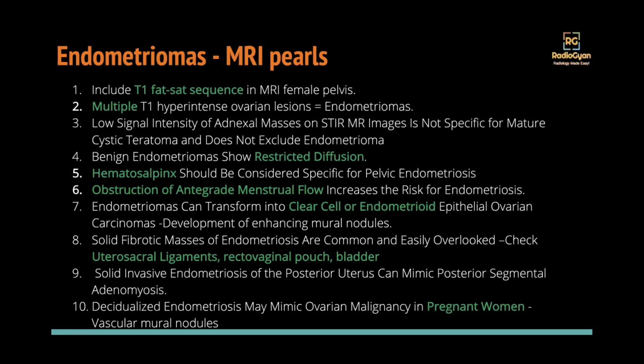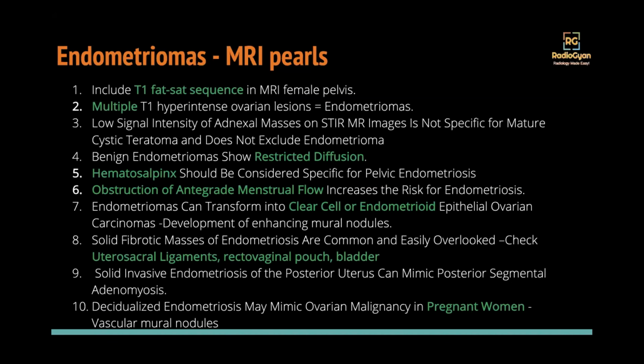Then the other point is solid fibrotic masses of endometriomas are easily overlooked. I'm sure at least 50% of you never looked for these deposits in the rectovaginal pouch or along the uterosacral ligaments. So always make sure that you look for T1 hyperintensities commonly around these locations.